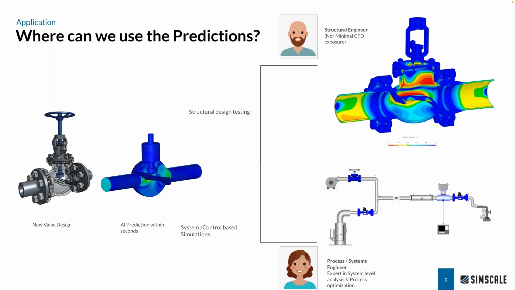On the bottom, we have Jerry, who is a process or systems engineer who also has expertise in reduced order models and system level designing. So her task is to collect the data from the simulations and plug it into a system level design here. For example, you can imagine that we have a process plant where there are multiple valves involved and a lot of other components involved.